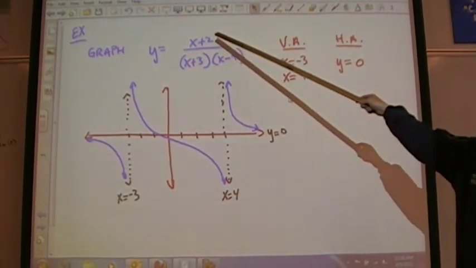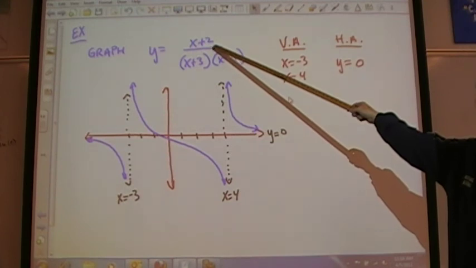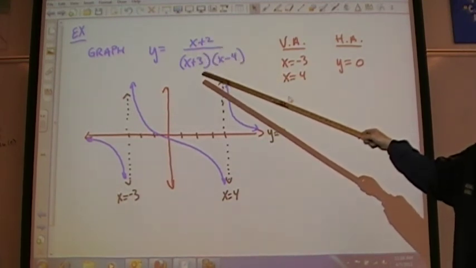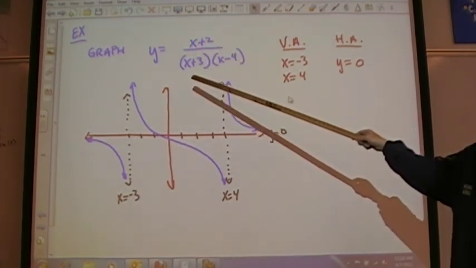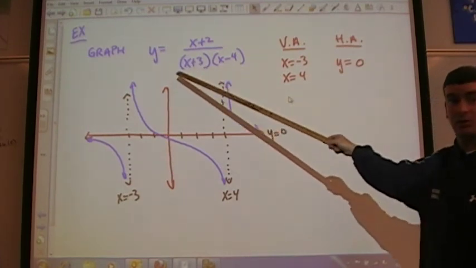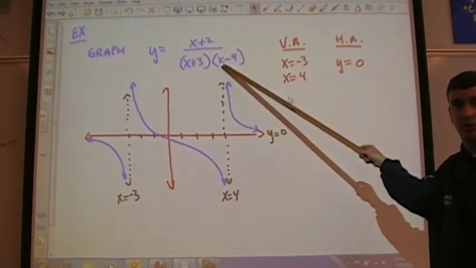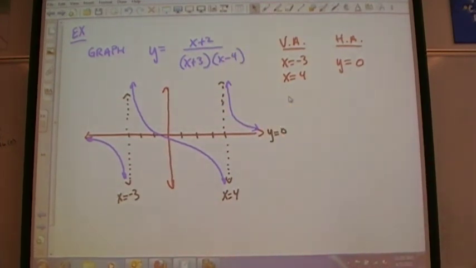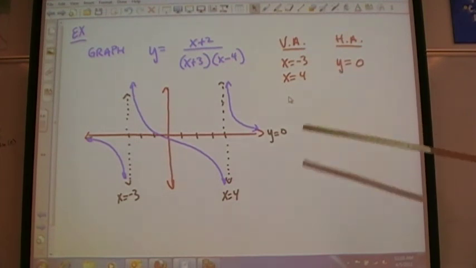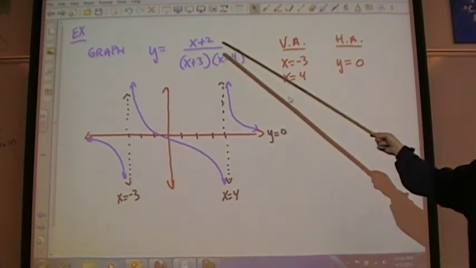What is the degree of the numerator? 1. What about the denominator? 2. Everybody see that? Because if I multiply this out, what's x times x? x squared. So the degree of the bottom is 2. So that tells you you have a horizontal asymptote at y equals 0, since the bottom degree was greater than the top degree.